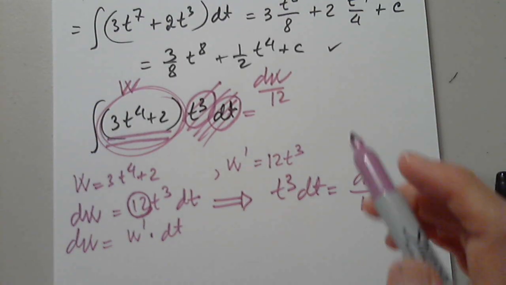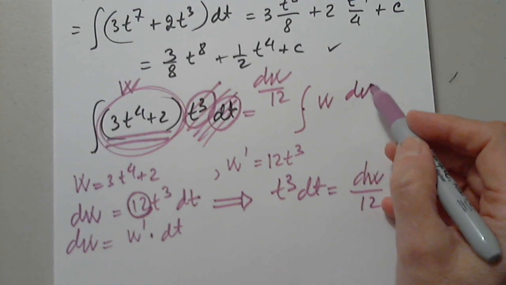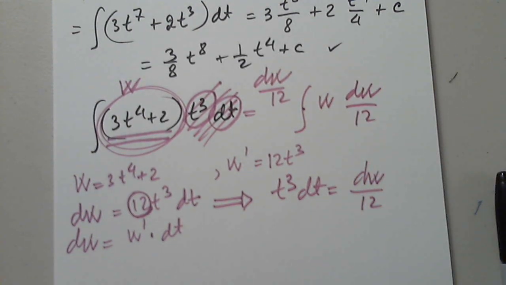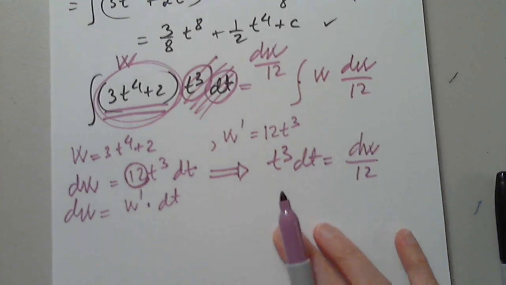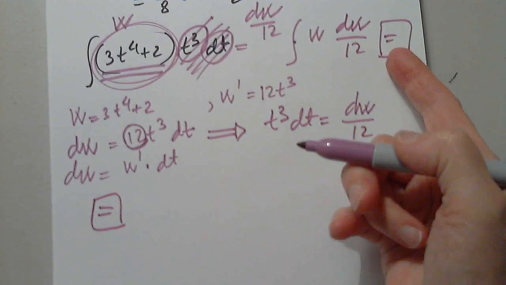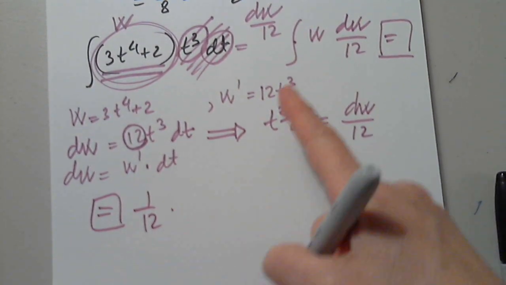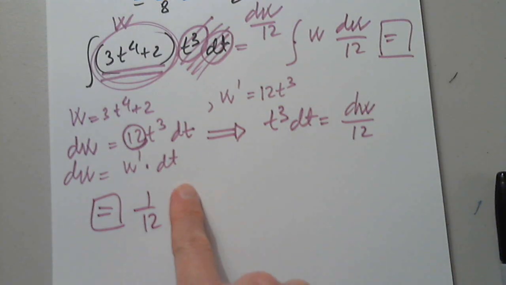So the new integral is the integral of w dw over 12. Of course, I will put 1 over 12 in front. Which function prime is w? Which function do I have here that I can differentiate to get w?